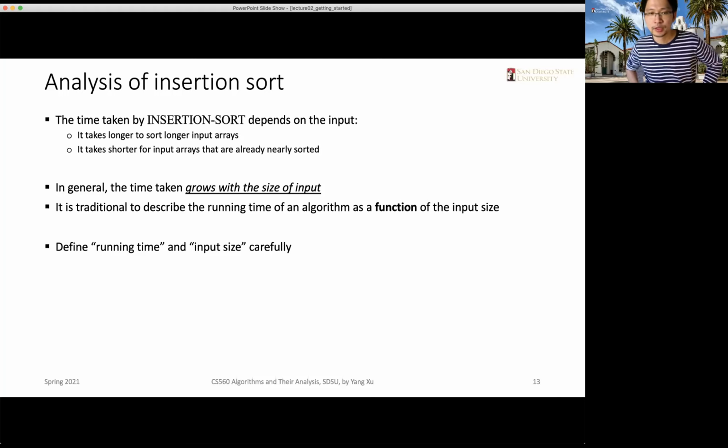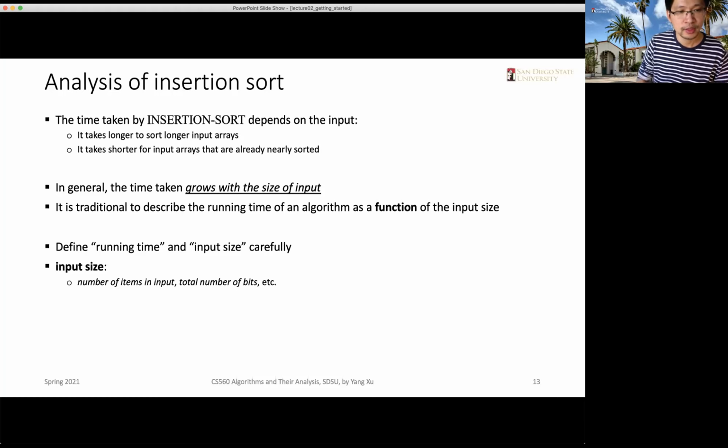All right, so now let's define running time and input size carefully. The input size is usually the number of items. In this case, it's the number of elements in the input array. For running time, it's a little bit trickier.